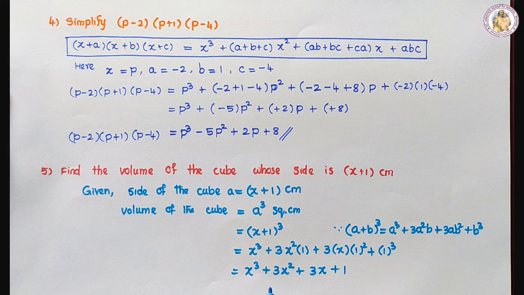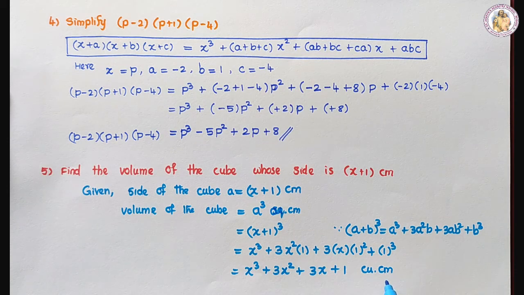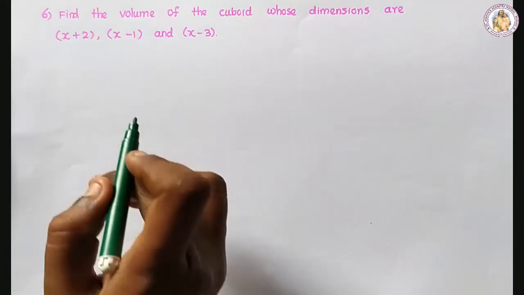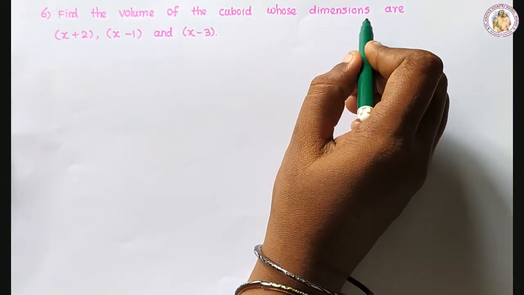So x cube plus 3x square plus 3x plus 1 cubic centimeter, not square centimeter, that is volume, no? So cubic centimeter, that is volume of cube. That is the answer.